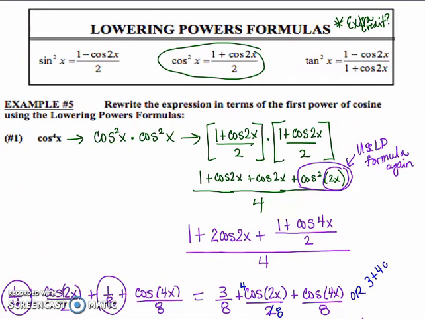So this would become 4 cos 2x plus cos 4x. And then this would all be over 8. Okay, so that would certainly be another way to write your answer. So either what I had in the purple before I modified it with the blue, or what I have here in the blue. Both of these would be correct answers. And that's the end of section 7.3.